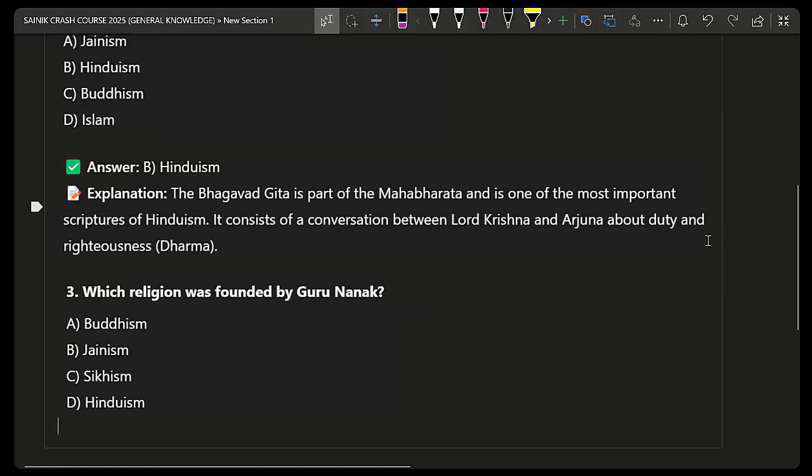Which religion was founded by Guru Nanak? Buddhism, Jainism, Sikhism, and Hinduism.